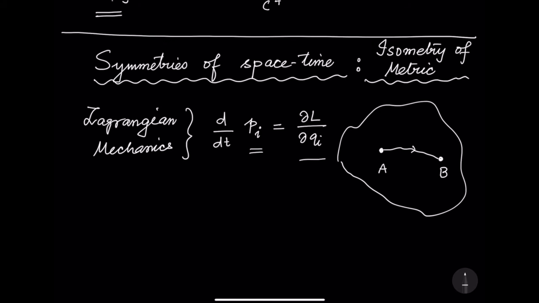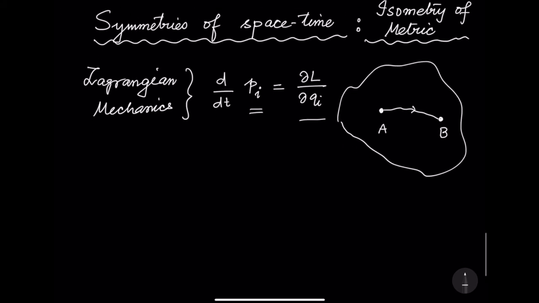So can I formulate a similar thing in general relativity? What I have to do here is go from A to B. I go to a nearby point, not so much different, I have just drawn them far apart, and look at the world around me with B as my origin.